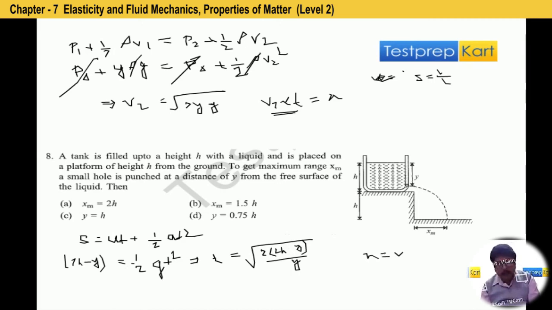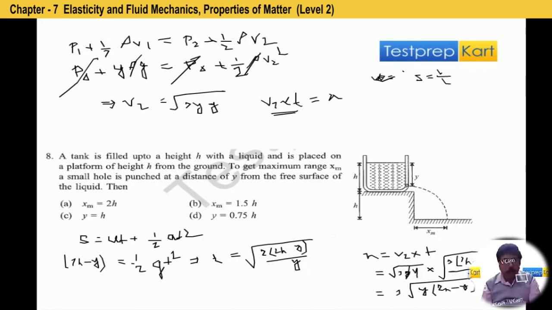So here x is equal to V2 into T. What is the value of V2? Root 2gy. What is the value of T? Root of 2(2h minus y) by g. The g cancels. It becomes 2 root over y(2h minus y).